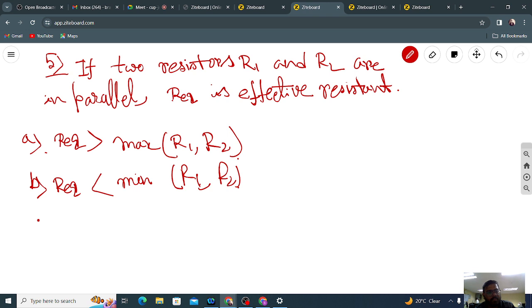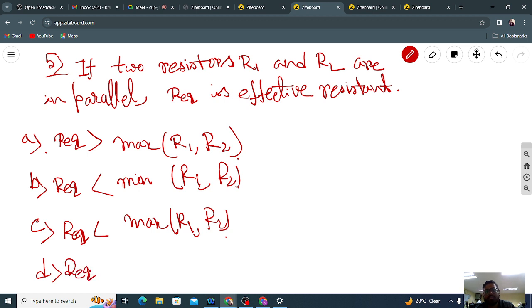Option C is Req is equal to maximum of R1 comma R2. Option D is Req is greater than minimum of R1 comma R2.